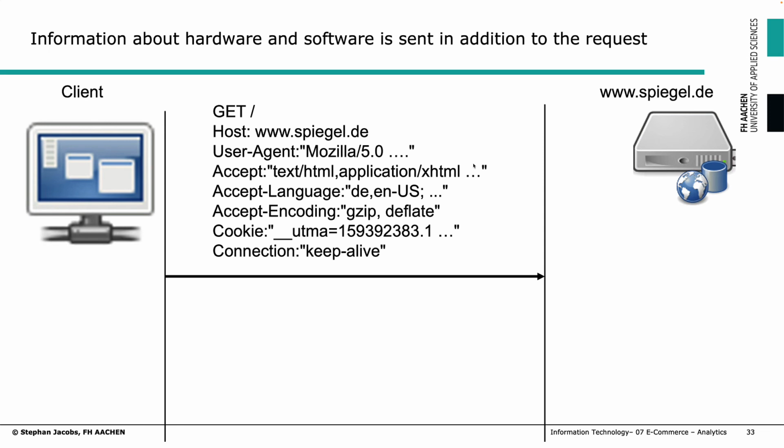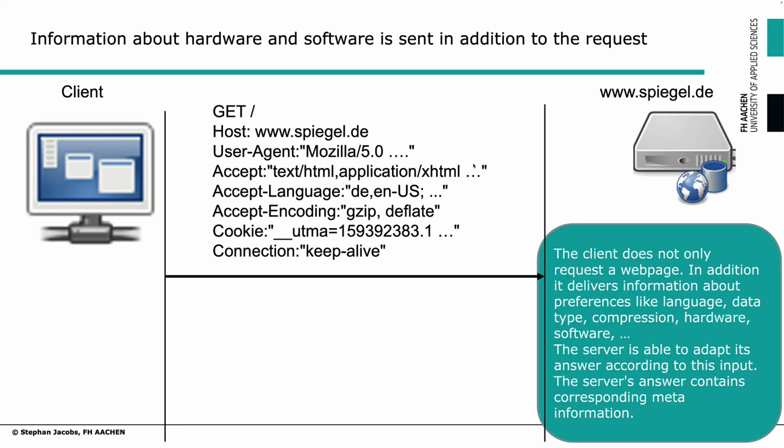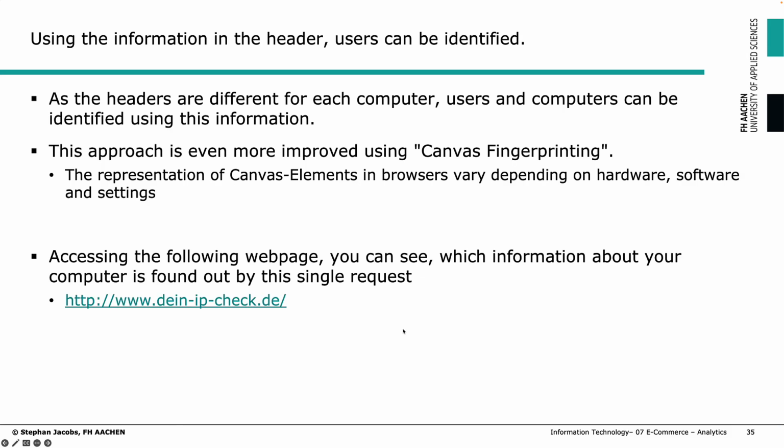This information together is like a fingerprint for your computer. There is hardly any computer which is the same as another computer. And this kind of information can be used as an identification even if you have switched off cookies. So again, using this kind of information, a user can be identified even if cookies are switched off.